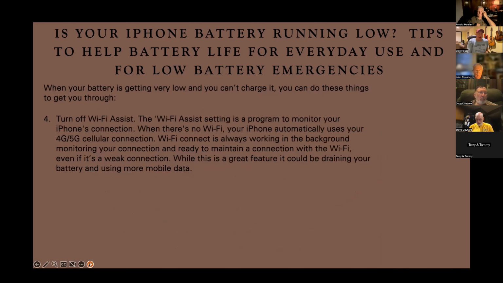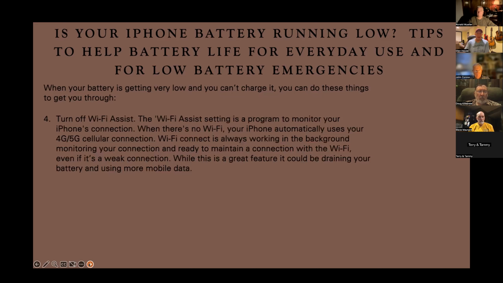And then finally, turn off Wi-Fi Assist. I don't know if people even know this exists. This one is a bit of a deep dive into the system. The Wi-Fi Assist setting is a program in your phone that monitors your iPhone's connection and tries to help you keep a stronger connection. So when the Wi-Fi is weak, your iPhone automatically uses your 4G or 5G cell connection.